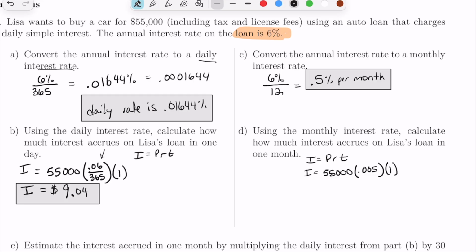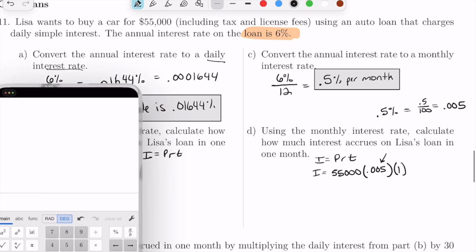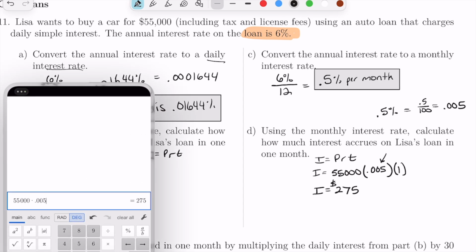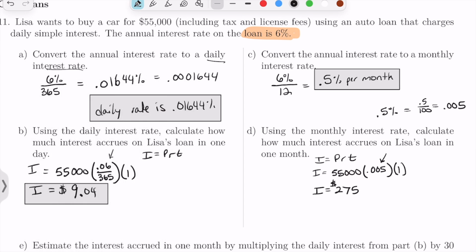I had to use 0.005 because 0.5% as a decimal, we would take that 0.5, divide it by 100, and that gets us 0.005. So that's the number that's going in here for the R. So this is $275 per month.